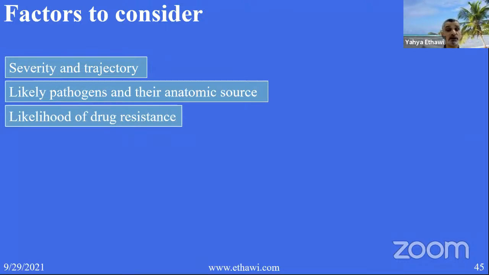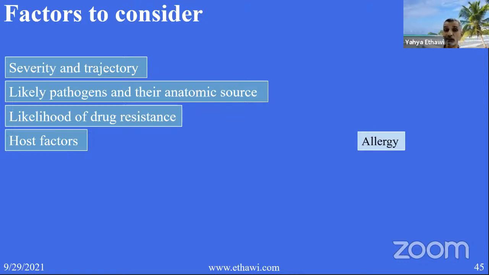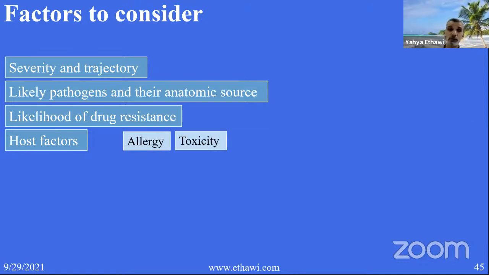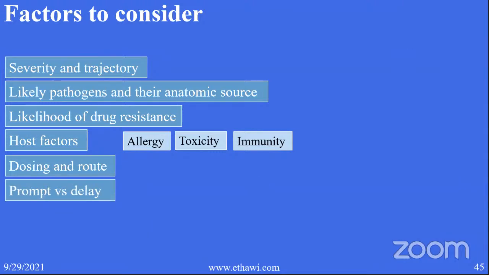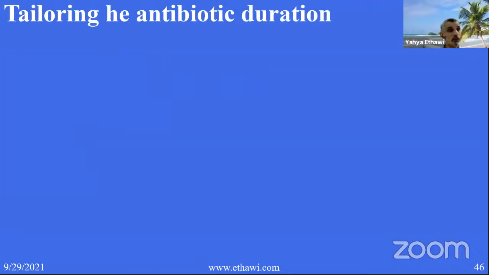Consider, please, the drug resistance. Consider the host factors, such as allergy, toxicity, immunity. Consider the dosing and route. The route is very important. Should we use prompt antibiotics, or can we delay them? These are all important.